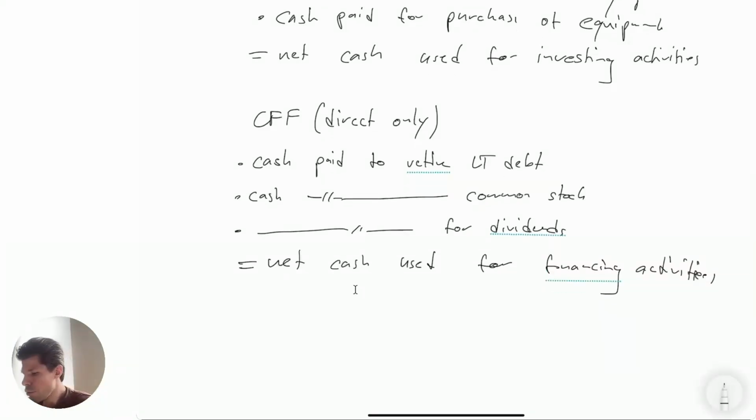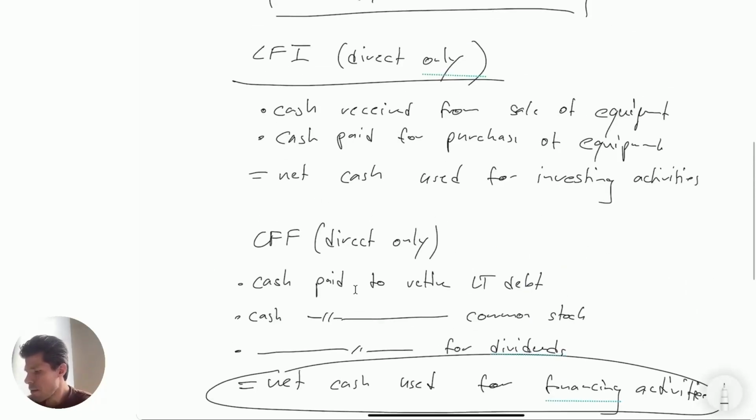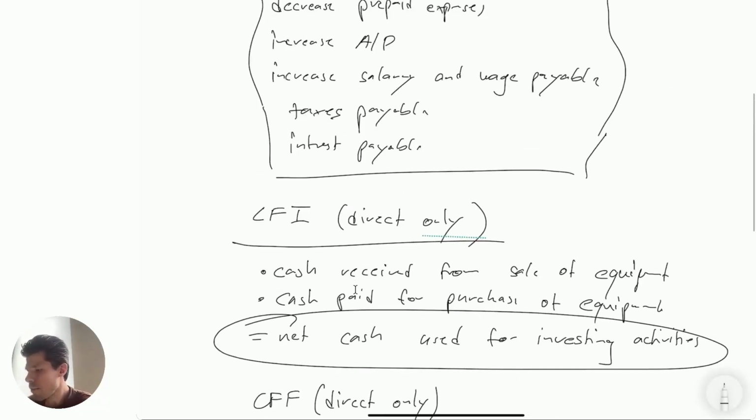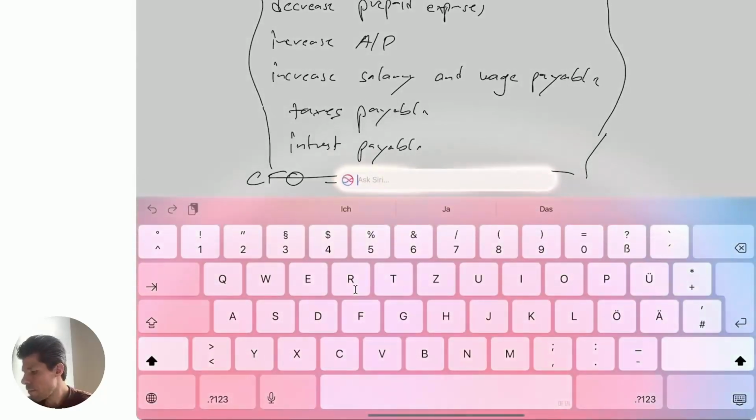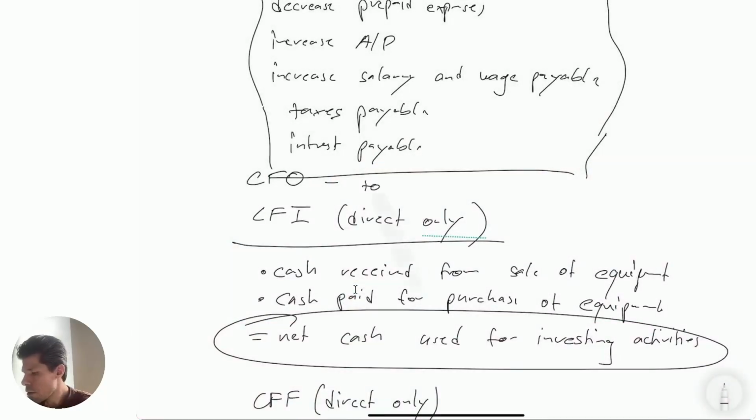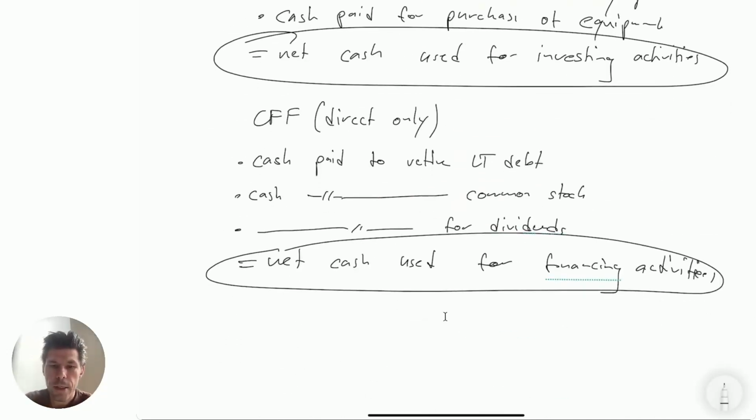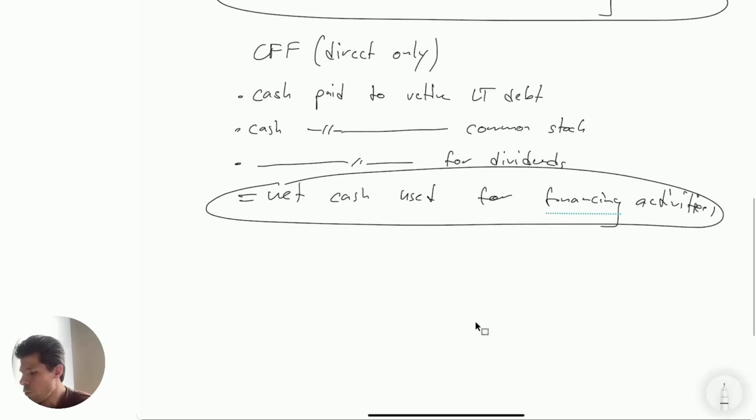Then this one plus this one plus the CFO total is basically your net increase or decrease in cash. I did another video to link the financial statements.